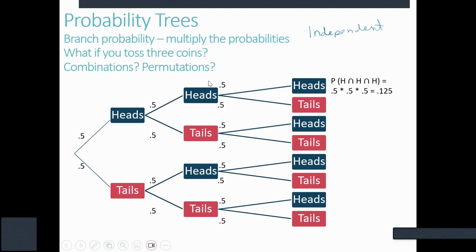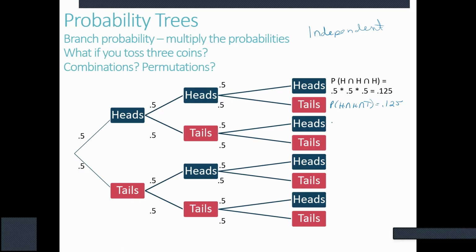Okay. So this defines eight different paths. This path, we get three heads, and it's 0.5 times 0.5 times 0.5, which is 0.125. This path is a heads, then a heads, then a tails. So this is heads, heads, tails, but its probability is also 0.5 times 0.5 times 0.5, which is 0.125.